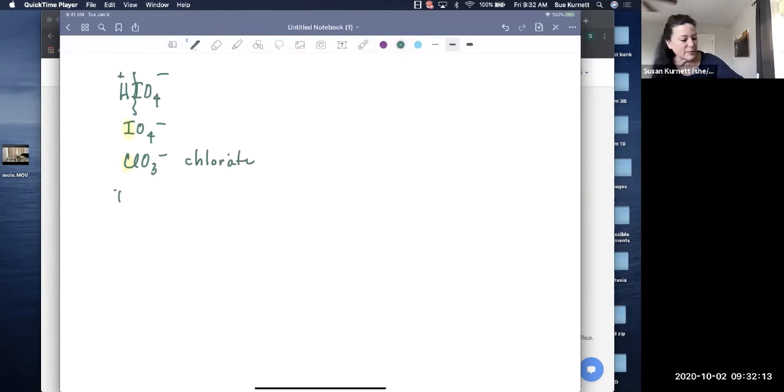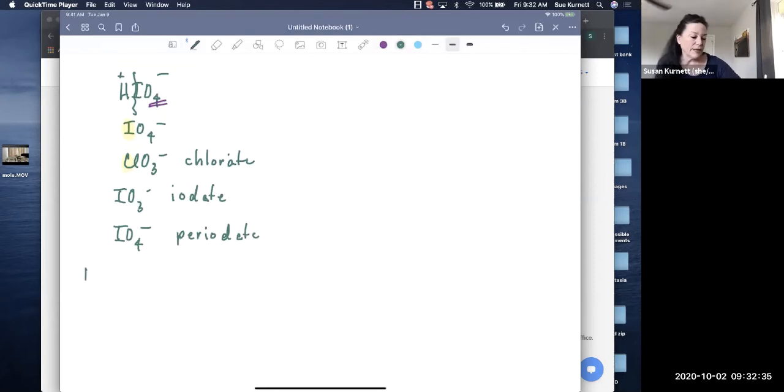So same number of oxygens and same charge would be iodate, the ate of iodine. And then one oxygen more would be periodate.